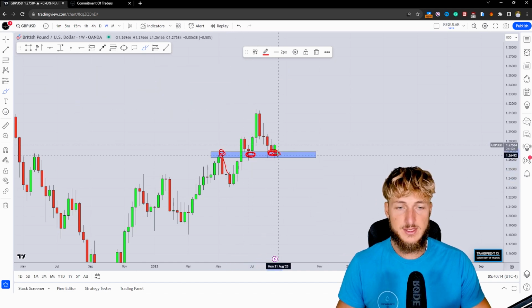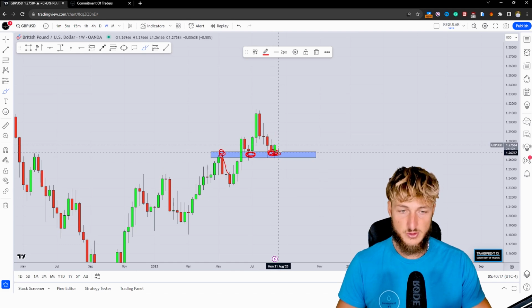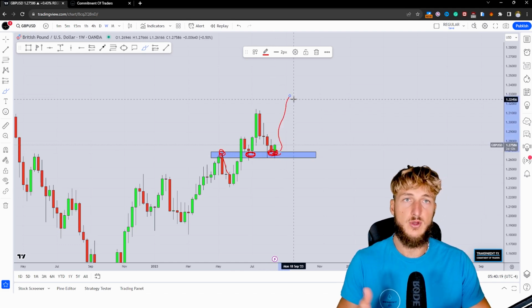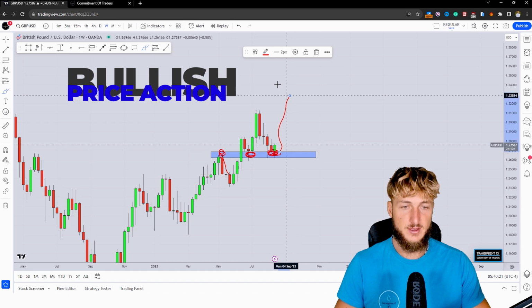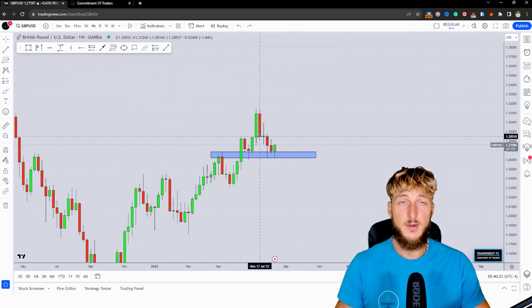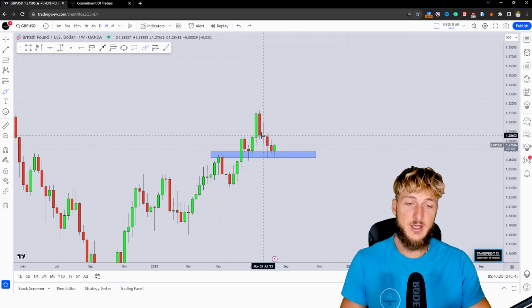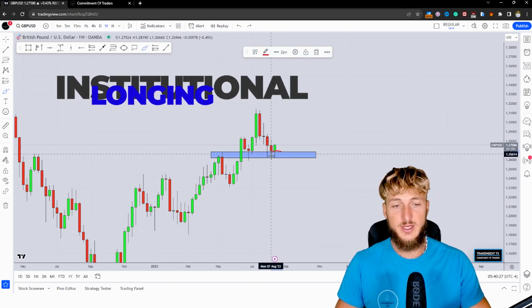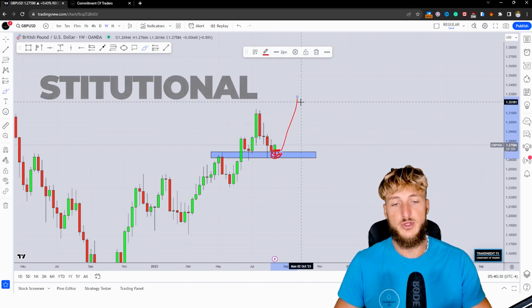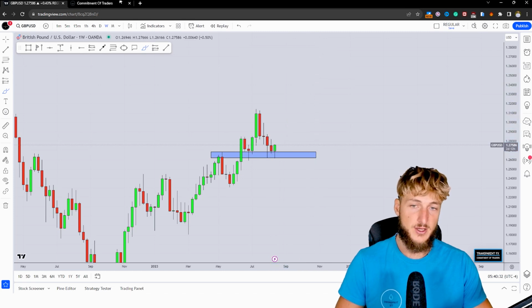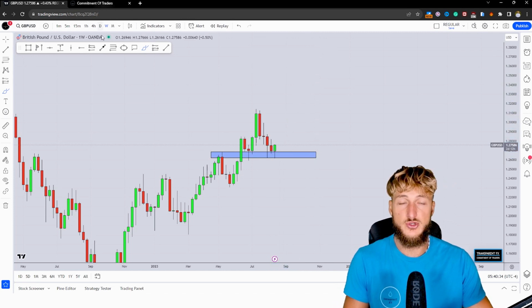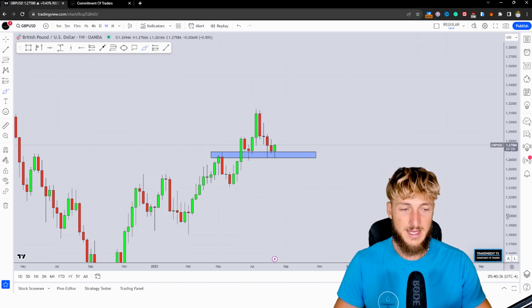And at the moment, the market is testing this exact same level as support, from which more potential bullish continuation could be expected, because we could expect bullish price action coming from institutional longing inside of this area, which at that point could push this price higher. And we will be speaking about this institutional longing later on during the analysis.